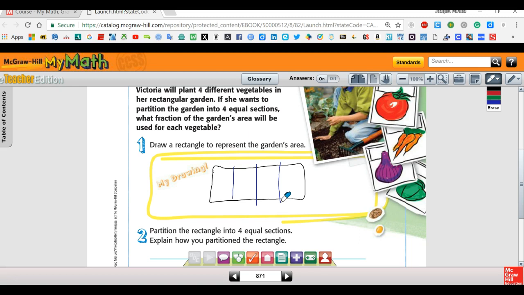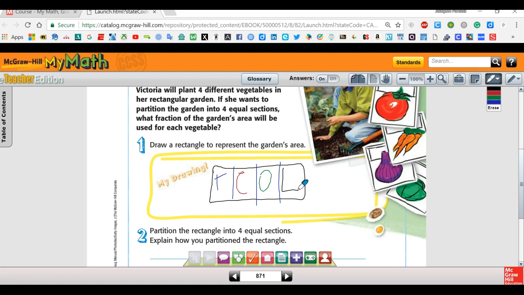Most likely she has a tomato, so I'll put T for tomato. C for carrot. And O for an onion. And it looks like that's lettuce, so we'll do an L for lettuce. Let's draw a rectangle to represent the garden.